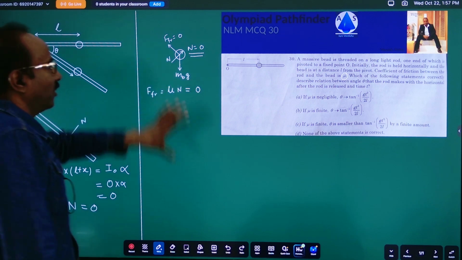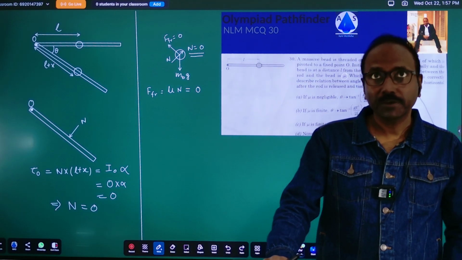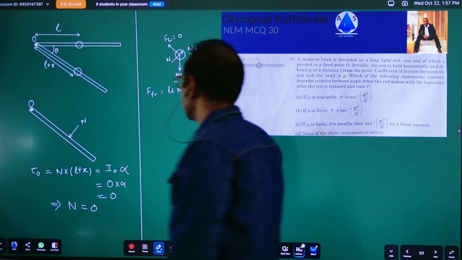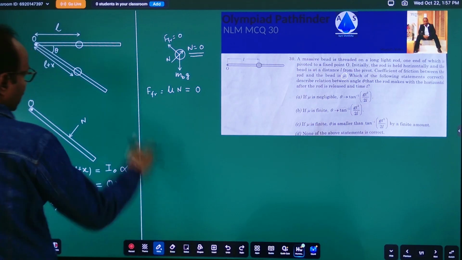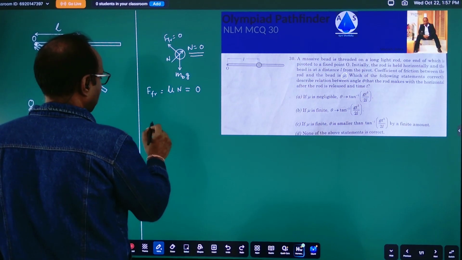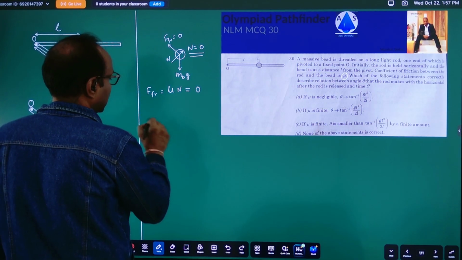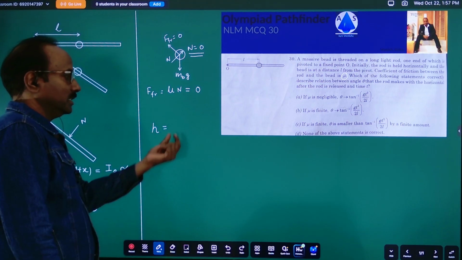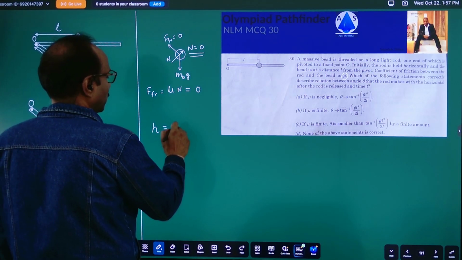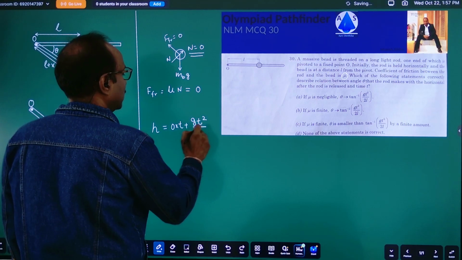Since it is a free fall in the vertical direction, and we know in t time how much vertical displacement it will go through, if we say it is h, initial velocity in the vertical direction was 0, so 0 into t plus g t square by 2.